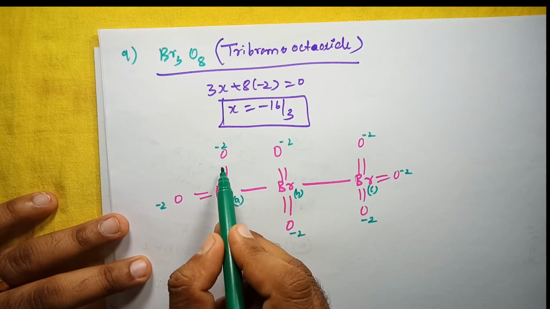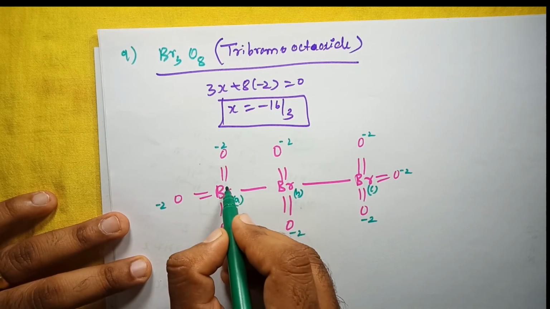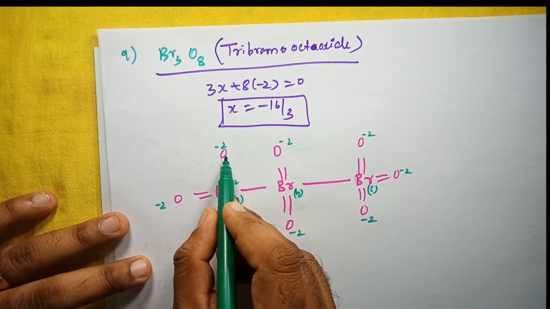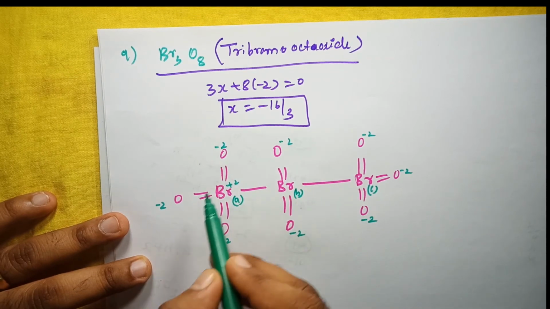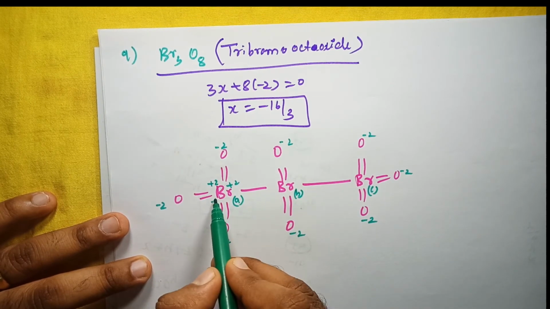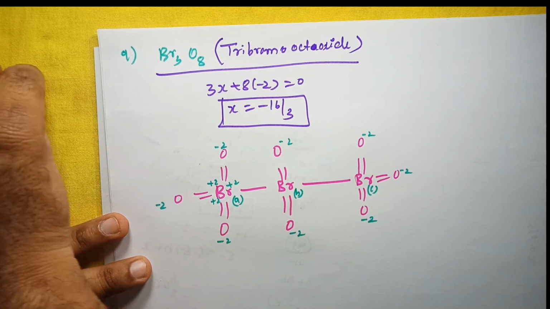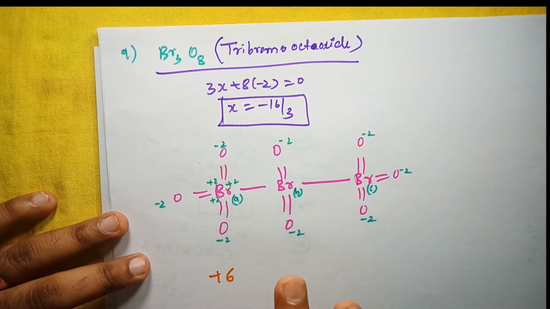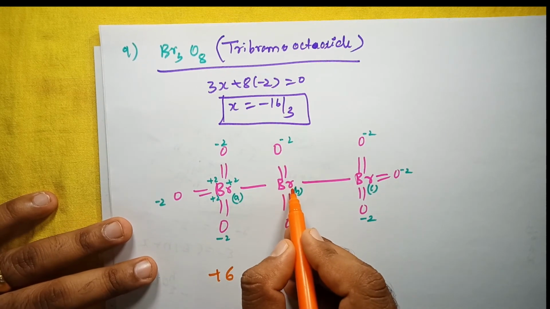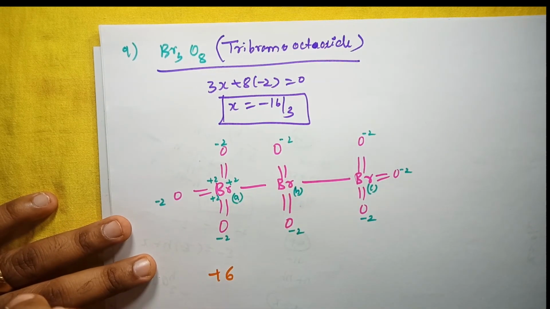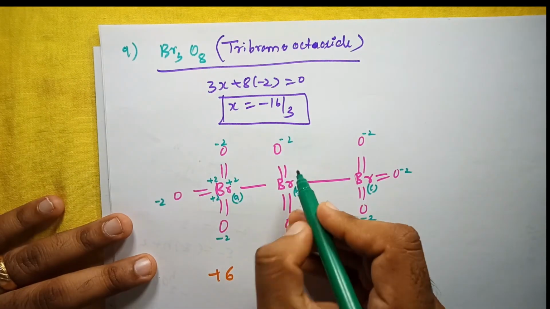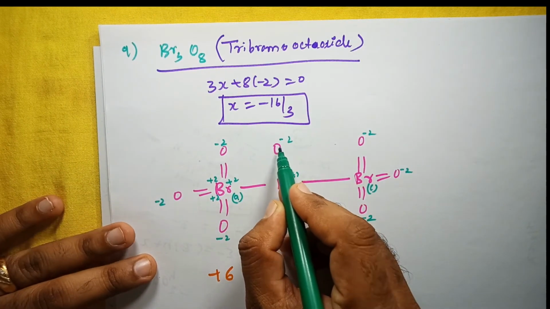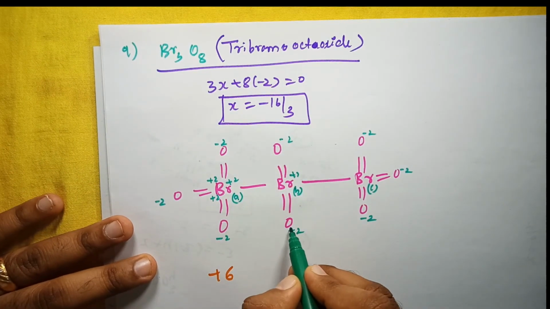So here look here friends, this bromine atom is plus 2 oxidation state with respect to this oxygen atom. With respect to this also plus 2, for this also plus 2. Totally this bromine atom exists as plus 6 oxidation state. Is it clear friends? Next one here, that is the B bromine atom, that is plus 2 with respect to this oxygen atom and plus 2 with respect to this oxygen atom.